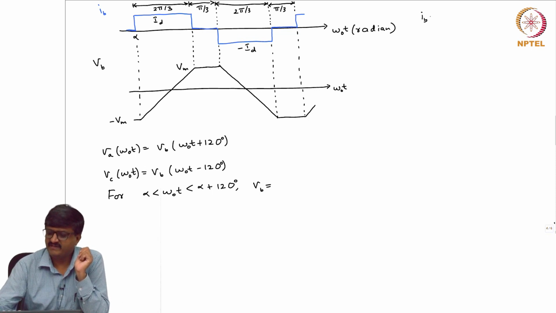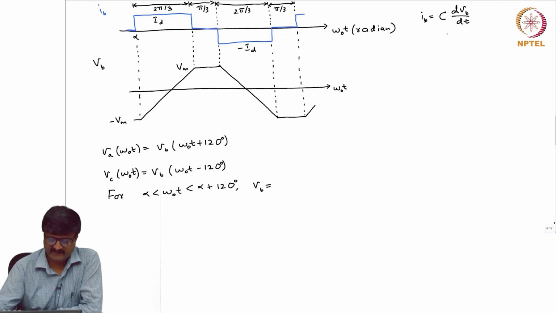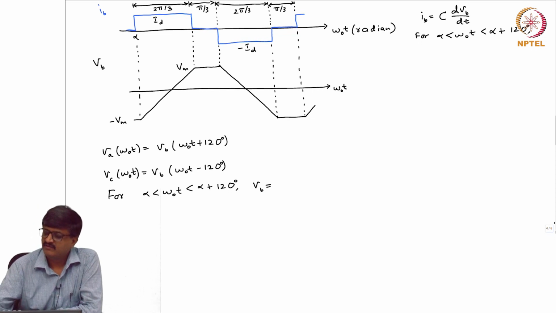See, we know that IB is C dVB by dt. Okay. Now, if I take omega OT between alpha and alpha plus 120, what is IB?